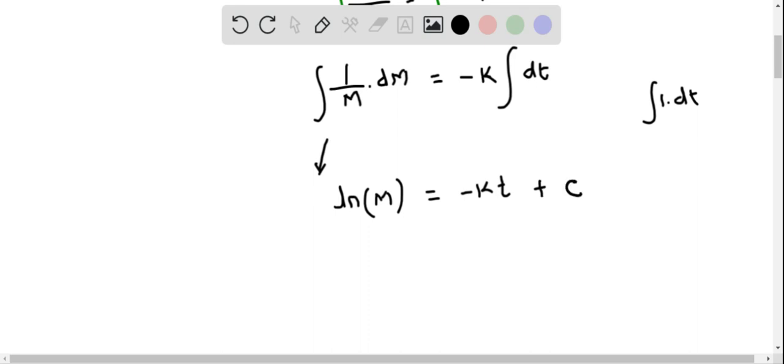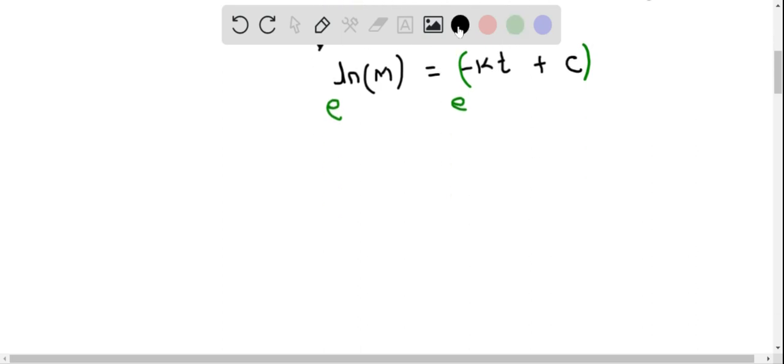Now this is an equation involving m of t, but we have to solve for m of t, so I'm going to exponentiate on both sides. I do e raised to the power of natural logarithm of m, and this equals e raised to the power of the whole quantity. We know that e and natural logarithm are inverse to each other, so they cancel out.